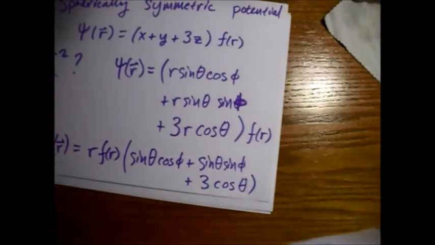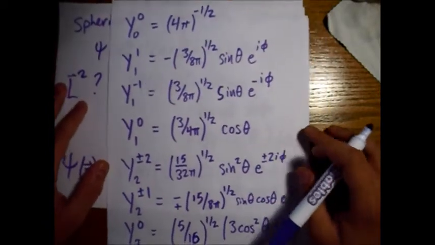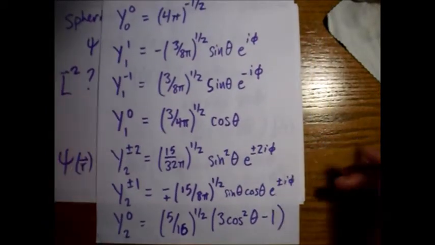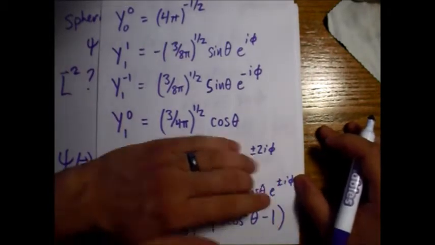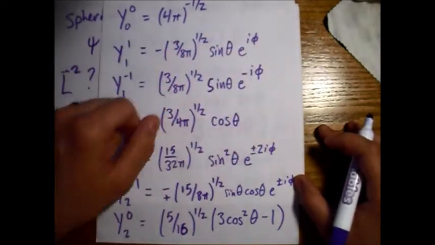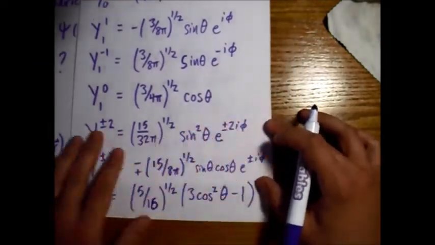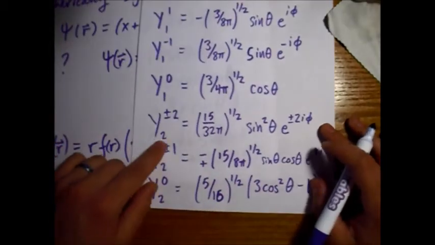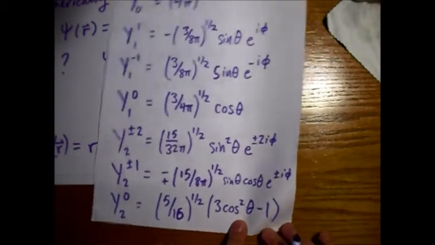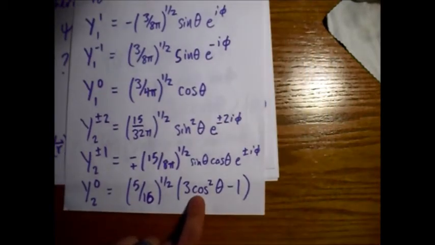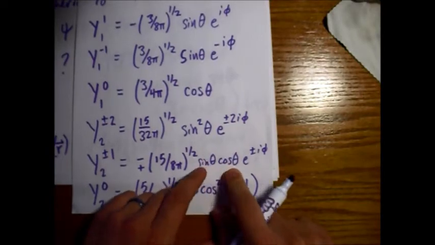I went ahead and wrote out the first few of them, and it looks like we're only going to have to work with these, because once you get into higher values of l, like l equals 2 and 3 and on down the list, you start getting all these squared terms and terms with two trigonometric functions at once.